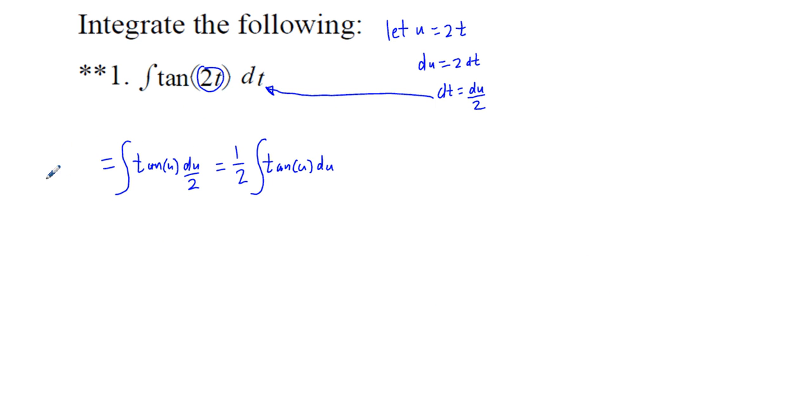So negative, and we have this 1/2 ln absolute value of cosine u plus c.